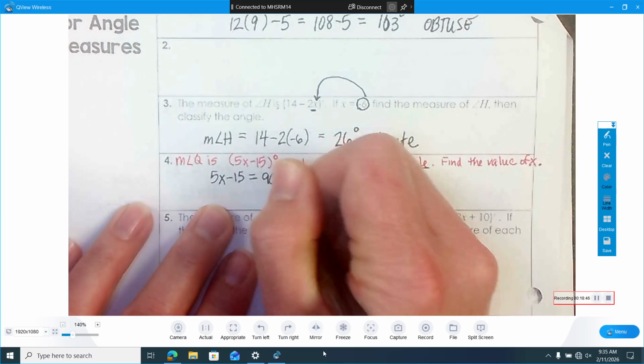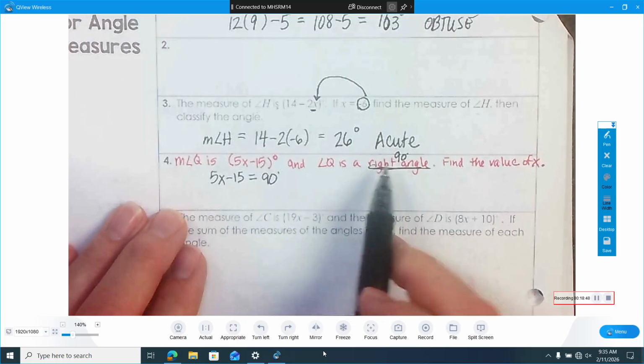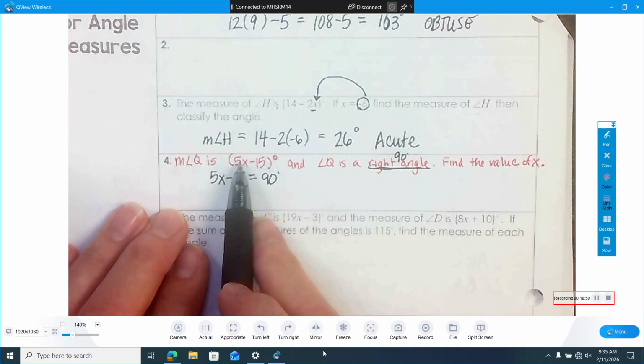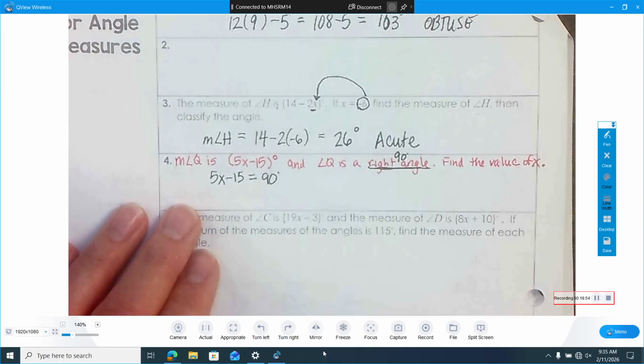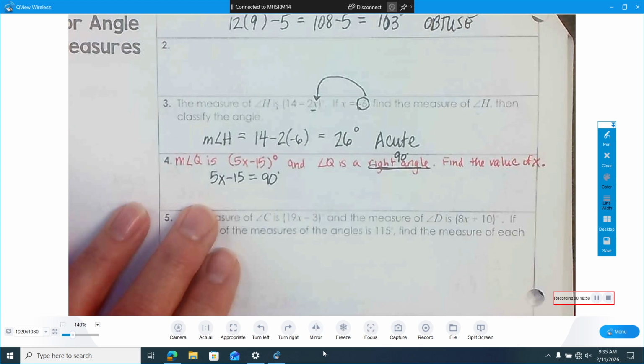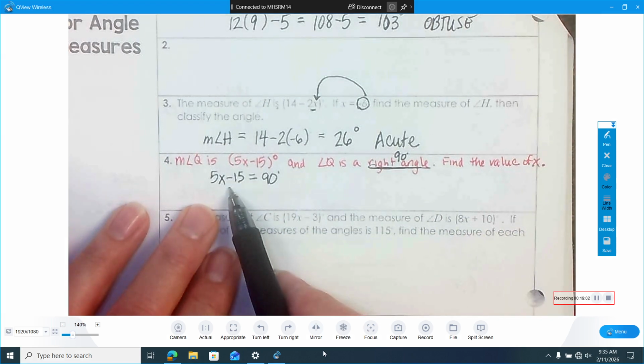That's what they're telling us. That angle Q is 90 degrees. So I want to take this little algebraic expression and set it equal to 90 degrees. What are we able to do now? Can I solve this? Yeah. So this is going to help us figure out what x is.